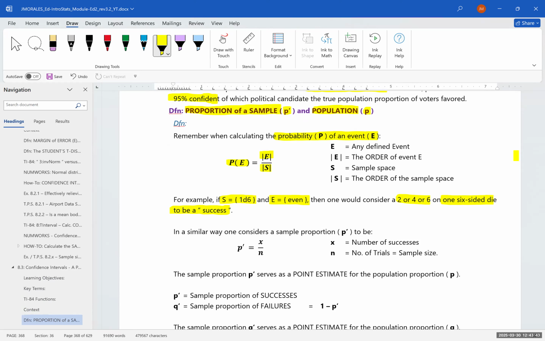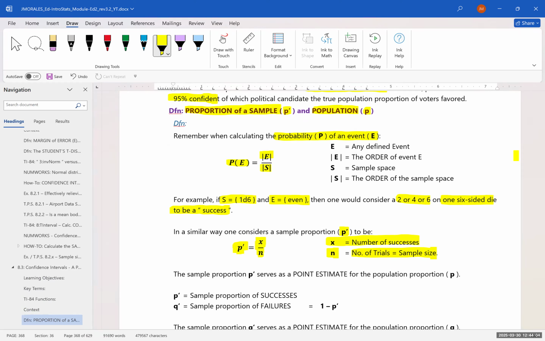So in a similar way, one considers a sample proportion to be equal to this fraction of the number of successes over n, which is the sample size or the total number of trials.